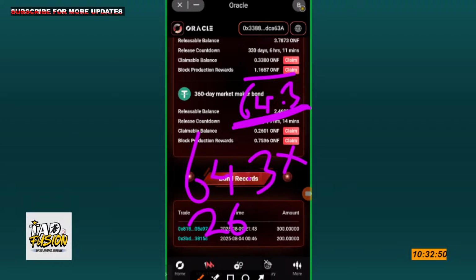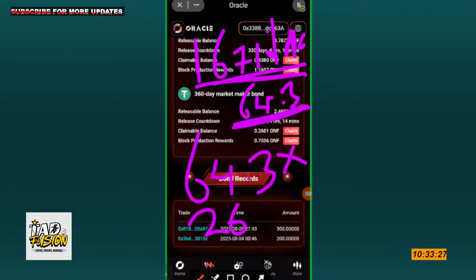I will already have $1,671 profit after 1 year. But what was my capital? My capital was $300. After 1 year, I will have 6 million Ugandan shillings, in case the price of the coin remains at $26.